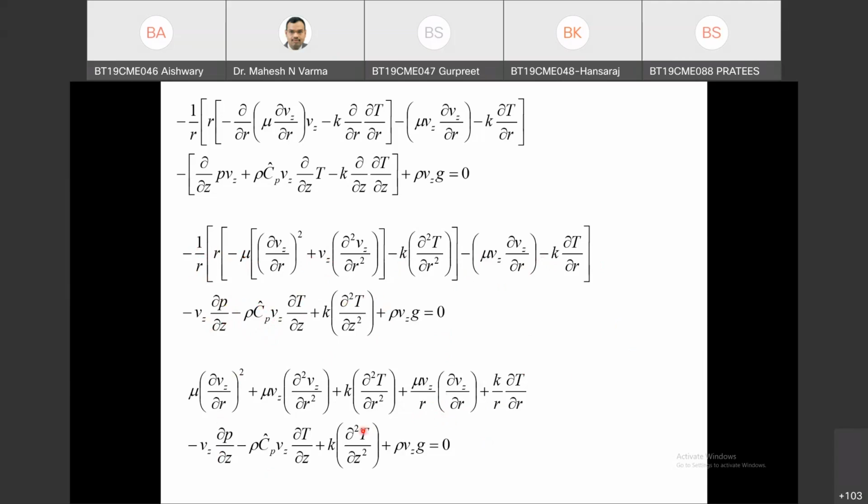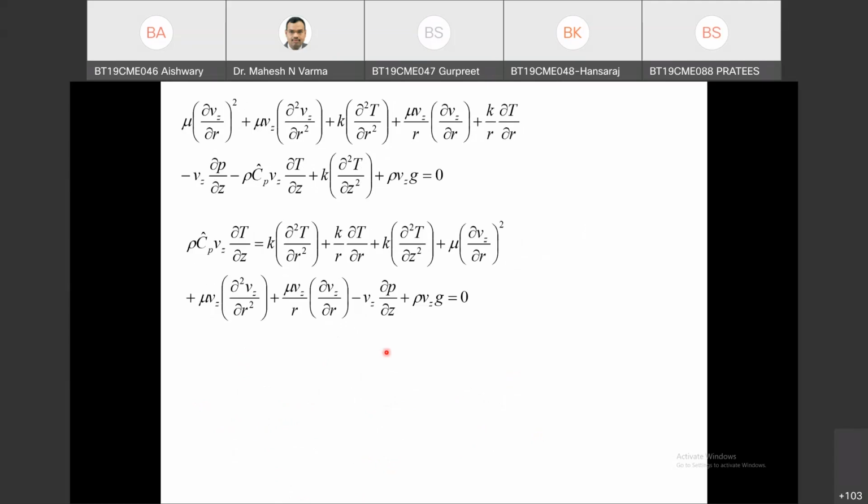Now you take the LHS, and on the remaining side you arrange all the viscosity terms, all the thermal conductivity terms, and all the velocity terms. So you take this to LHS and arrange all the viscosity terms, like this term, this term, this term, your thermal conductivity term and velocity term.